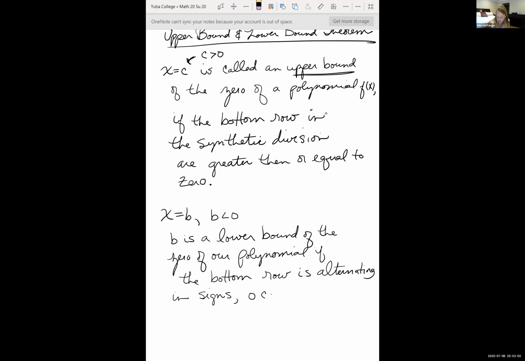Zero can count as positive or negative. So if we looked at the bottom row and one's positive, then we got a negative coefficient, then a positive coefficient, then negative, and it keeps jumping back, then we know that has to be a lower bound, and there's no other number smaller than that that could be a zero.